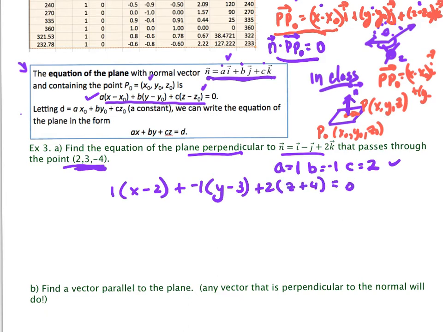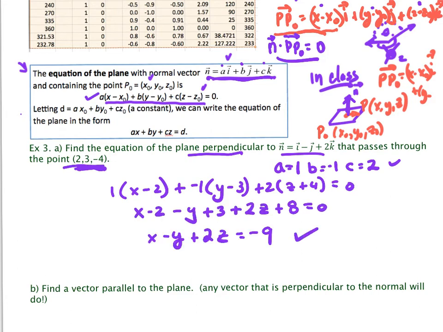That's all going to be equal to 0. There's the equation of my plane. Wow, is that easy? If you clean this up and simplify, this would be the equation of my plane. Notice that I like to cross my z's so it doesn't look like a 2, but I don't always do that, as you see there. And this form is the form where we just solve for that d value.